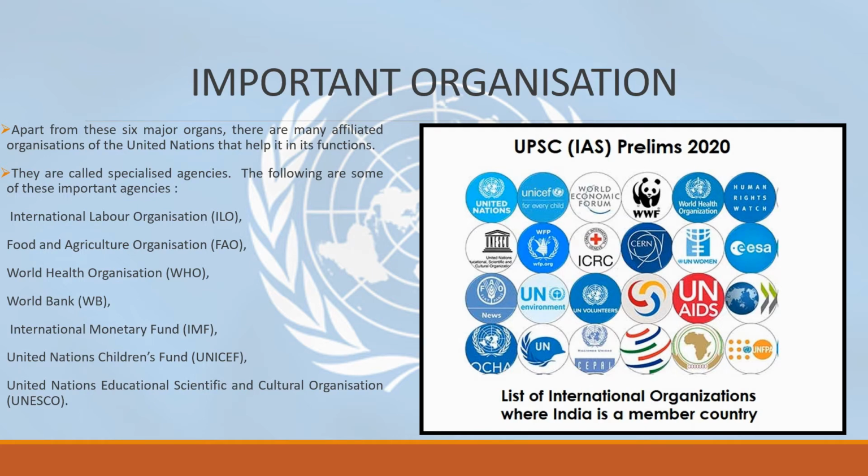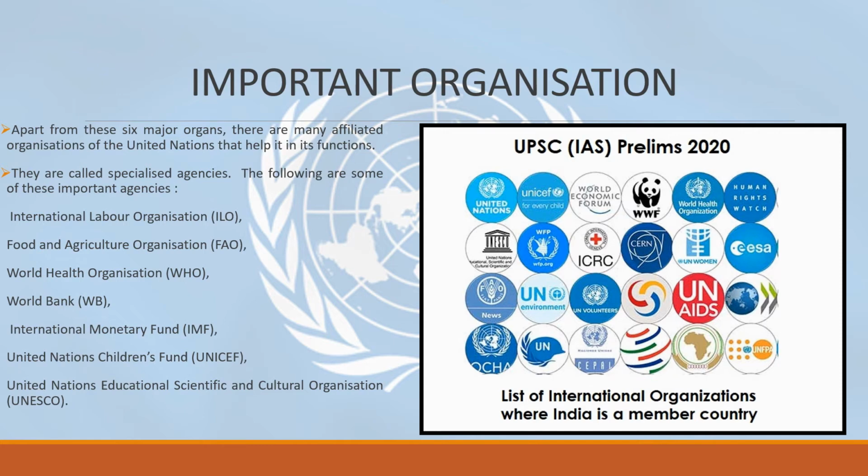Beyond this, there are many affiliated organizations of the United Nations that help in its functions. They are called specialized agencies. Working in specific areas, they help different nations in those areas.